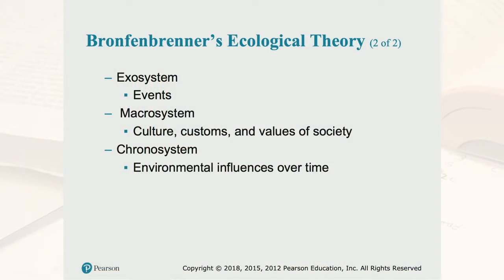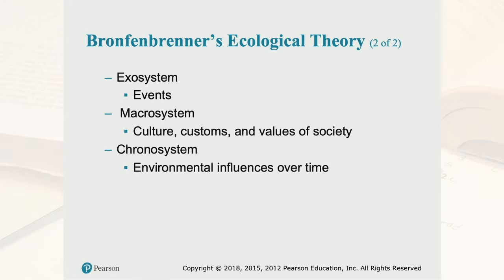The macrosystem is culture, customs, and values of society. Rules, police, all impact you within that system and how you view the world around you. The final system, the chronosystem, is environmental influences over time.